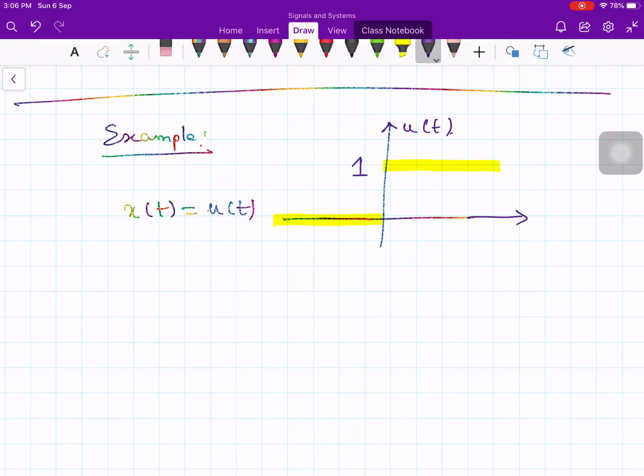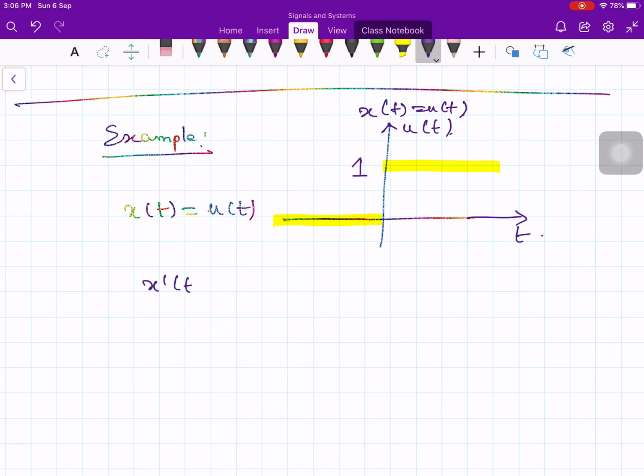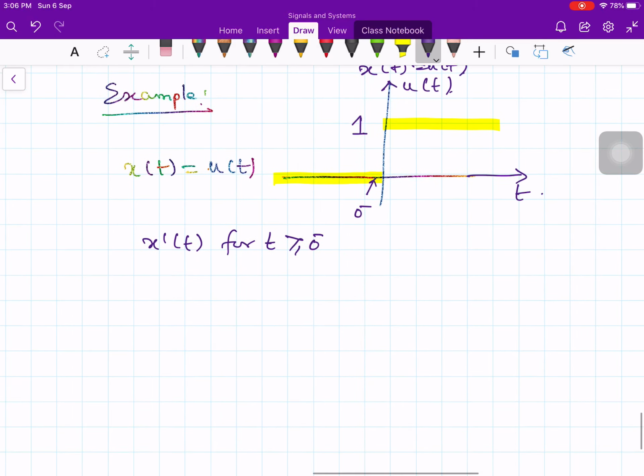Now let me say that I want to find out the derivative of x of t, where x of t is equal to u of t, for t greater than or equal to 0 minus. So there is a 0 minus point here. I'd like to take the derivative of this function starting from 0 minus.